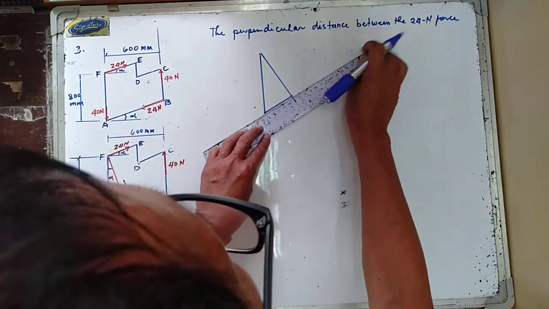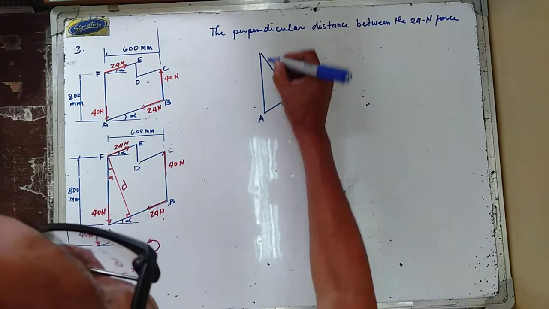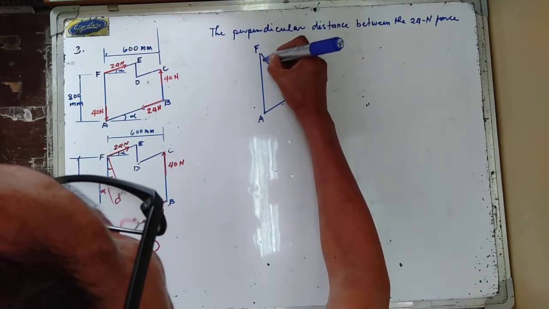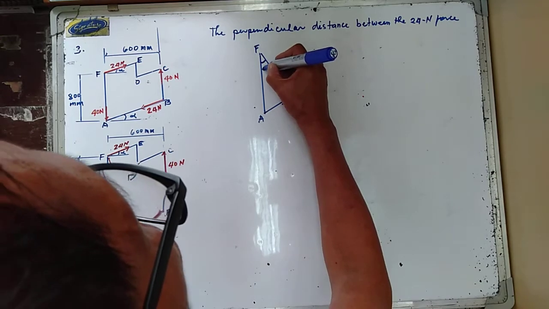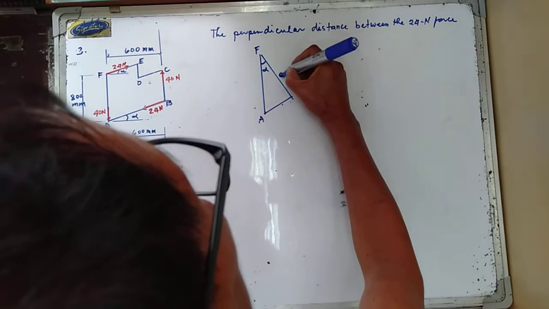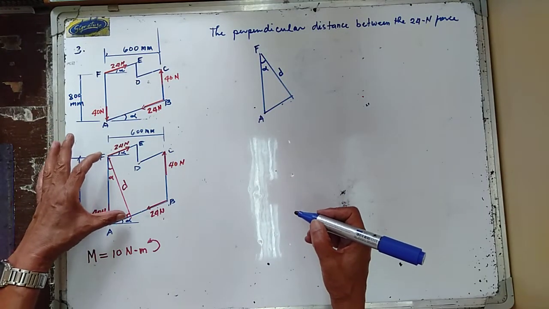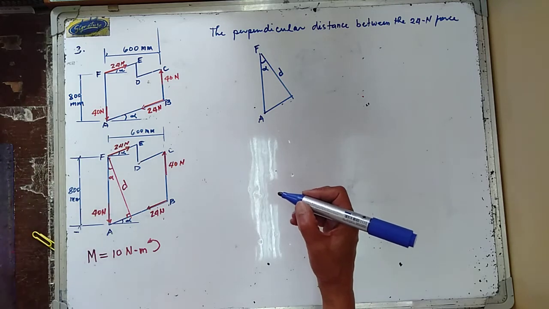This is your point A, this is your point F. This one is your alpha, and this is the distance D between the 24 Newton forces.